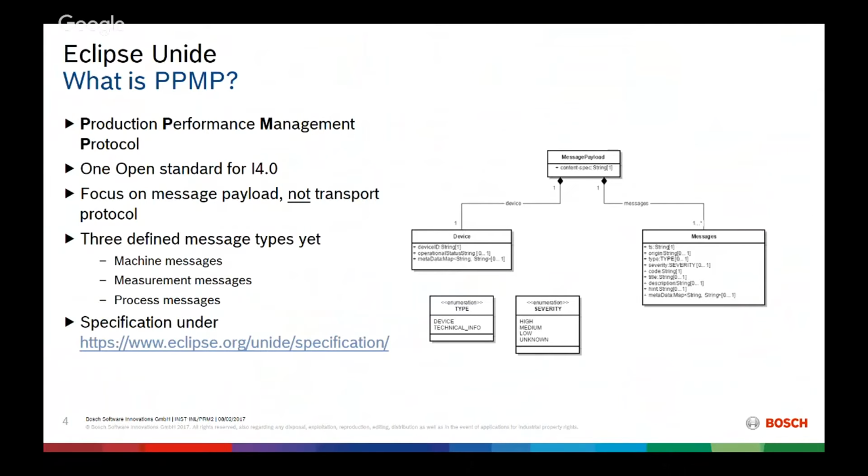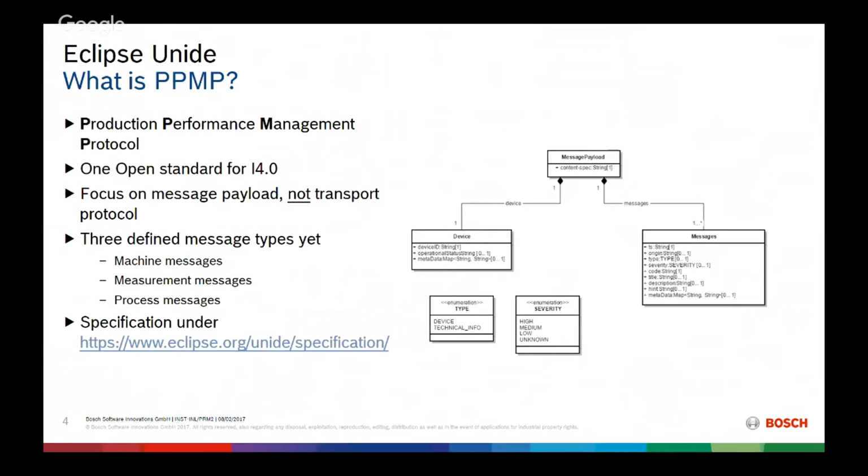Yet we have three defined message types. These are the machine messages, the measurement messages, and process messages. I will explain them in a few seconds, but these are the messages we already use in our Industry 4.0 solutions. If there is more need for standardization of more messages, like configuration messages or geolocalization, then we will maybe define another message type by the community.